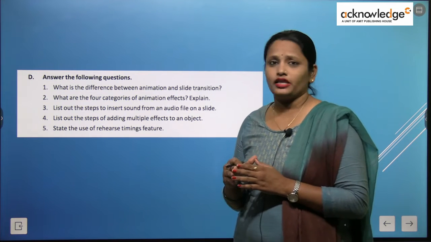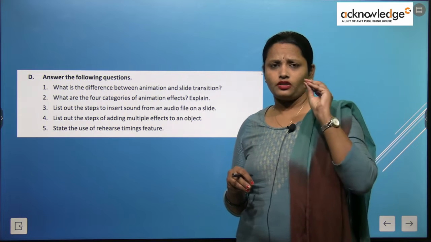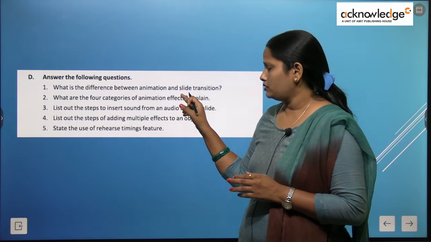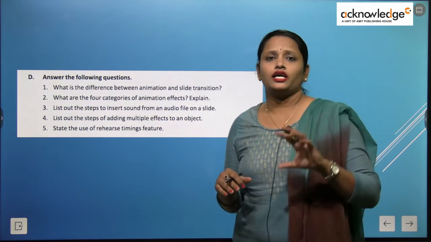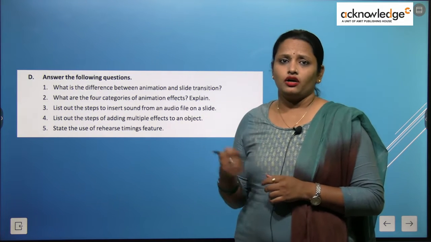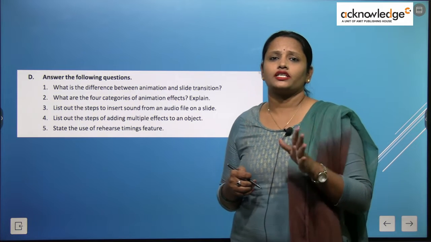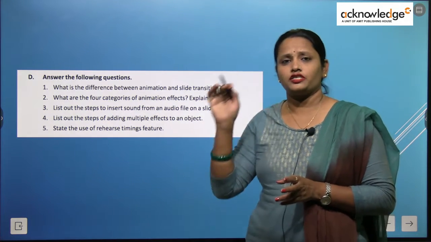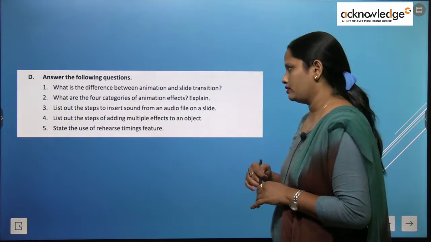Emphasize effect, by the name only, it emphasizes on the object. And the next is exit effect. Exit effect is used to tell us how the slide will exit, and the motion is used to tell the motion of the slides, how the slides will move, in which direction it will move. A specified direction is given and the slides move accordingly.